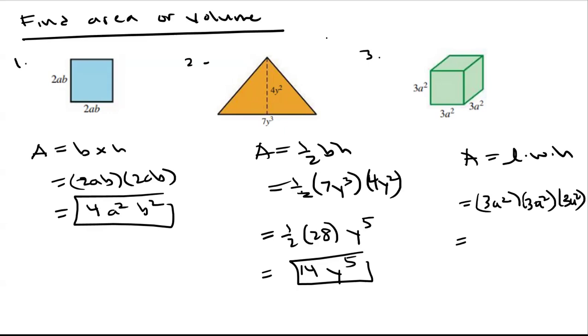Okay, so 3 times 3 times 3, well, that's going to give us 27. Then a squared times a squared times a squared, well, that's 2 plus 2 plus 2, which will give us 6. So that'd be 27a to the sixth power. And that's our answer there.